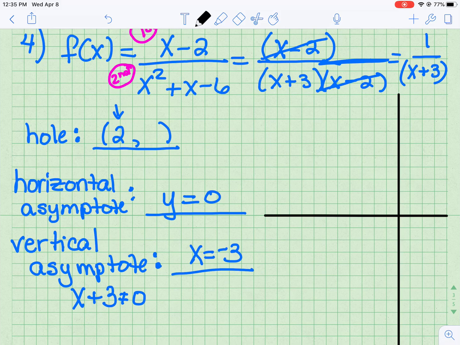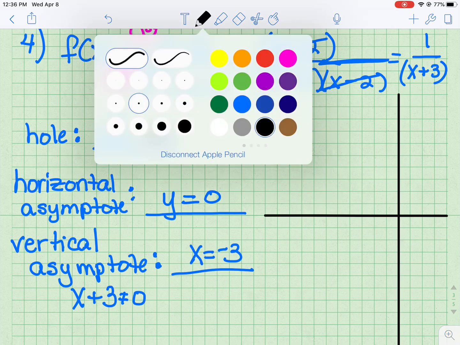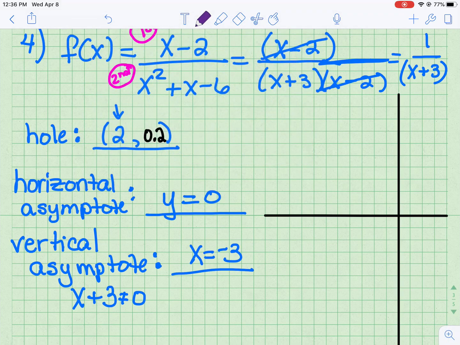And so I put a 2 in, and I hit enter, and I get 0.2, so I'm going to fill that part into my hole. So all I did was get the value there. So now I know at 2, 0.2, there's a hole. It's kind of close. If you can see, I just tried to draw it as close to the x-axis as possible. And so I draw that in first so I don't forget about it.